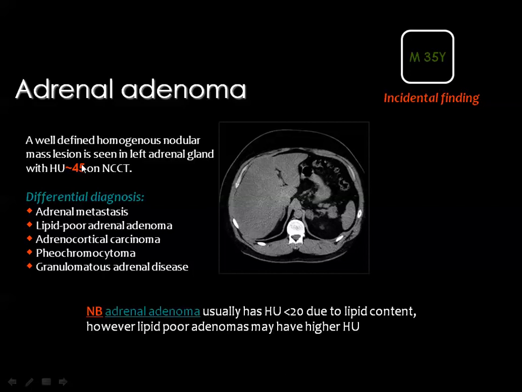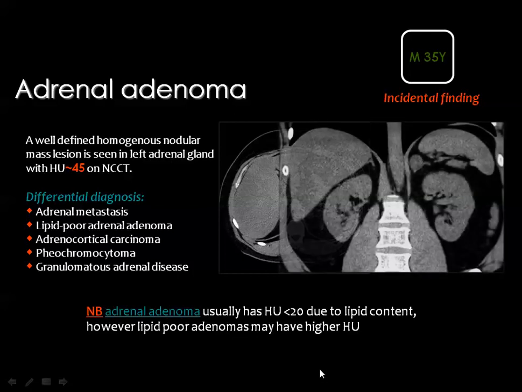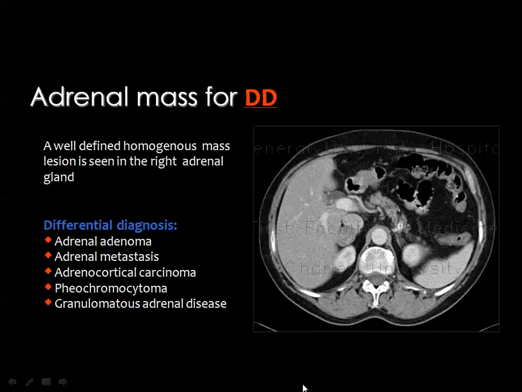Then here is a lesion in the left suprarenal gland with a pre-contrast density around 45 Hounsfield unit, meaning that it is not by any mean a lipid-rich adenoma. Then you go in the differential diagnosis. It may be lipid poor, it may be adrenal metastasis if there is a non-primary malignancy, or adrenocortical carcinoma, or pheochromocytoma if the clinical picture can fit with this diagnosis.